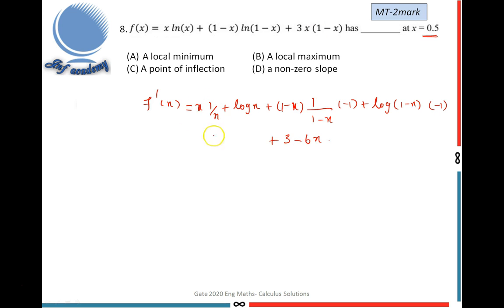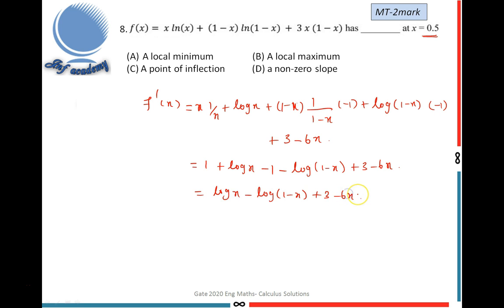In this case, cancel 1 plus log x, the (1 minus x) cancels, I got minus 1. Here minus log of (1 minus x) plus 3 minus 6x. So 1 minus 1 cancels: log x minus log of (1 minus x) plus 3 minus 6x.